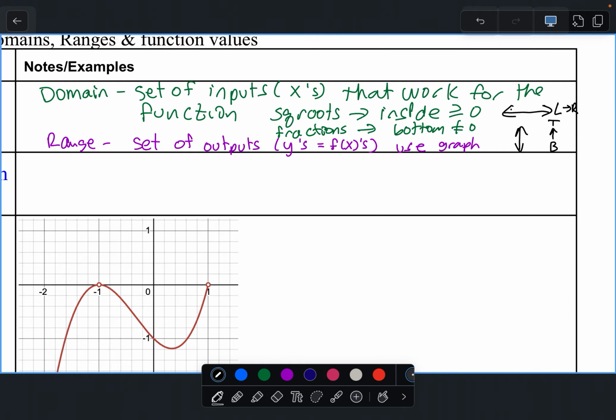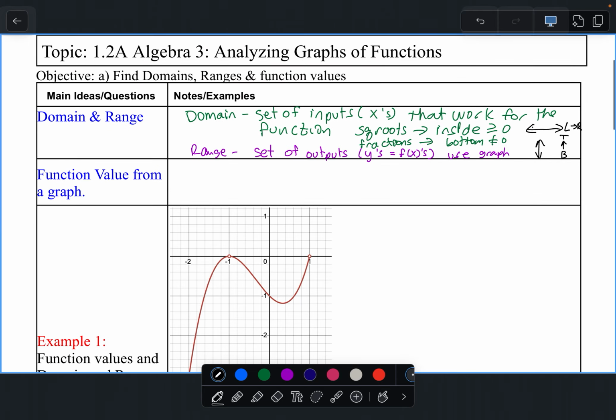So the next little piece is, how do we find a function value from a graph? Okay. So if they are looking for f of x, so we're looking at some function value.